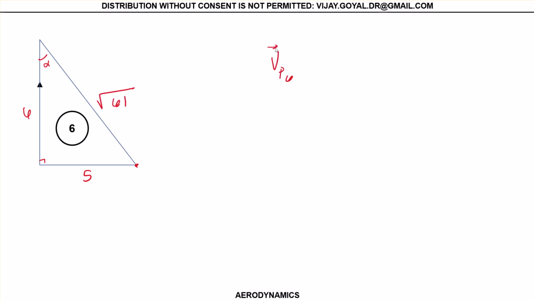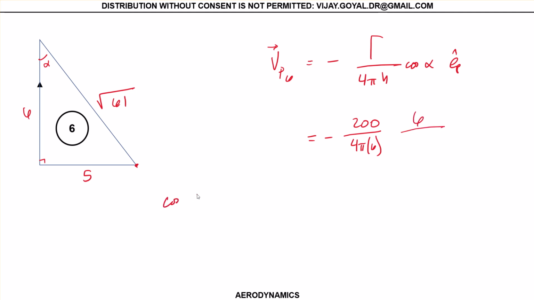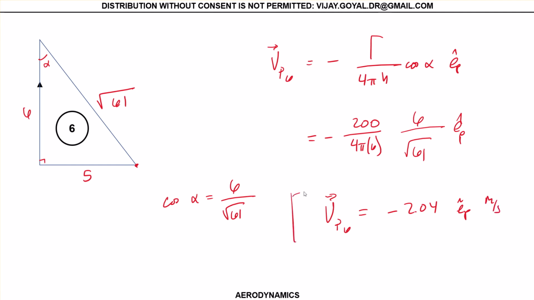So going back to the equation, just half of that triangle gives you 4 pi h cosine of alpha EP, minus 200, 4 pi 6, and then cosine of alpha gives you 6 over square root of 61. This is adjacent over hypotenuse. And so VP6 gives you minus 2.04 EP meters per second.